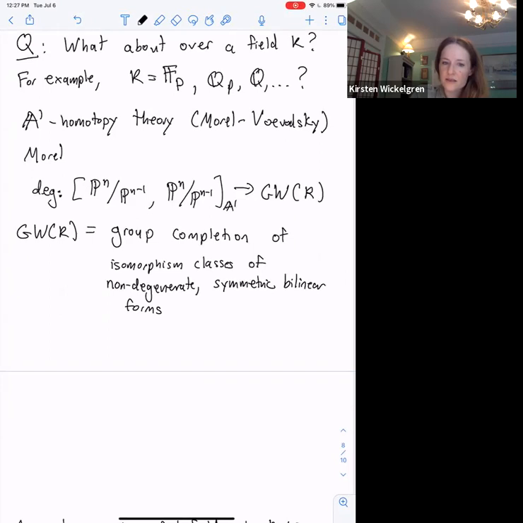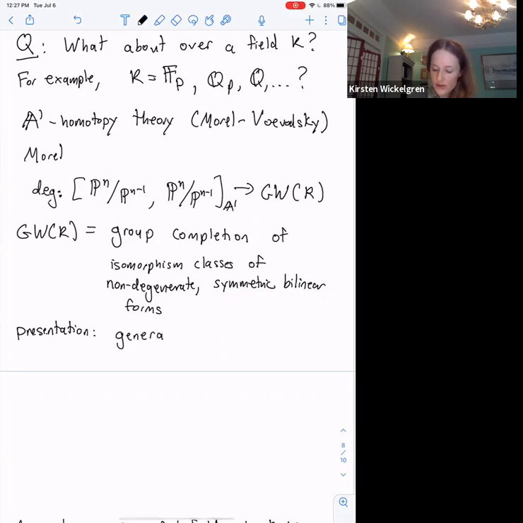And it's useful to write down computations, since at least stably and in characteristic not two always, bilinear forms are diagonalizable.